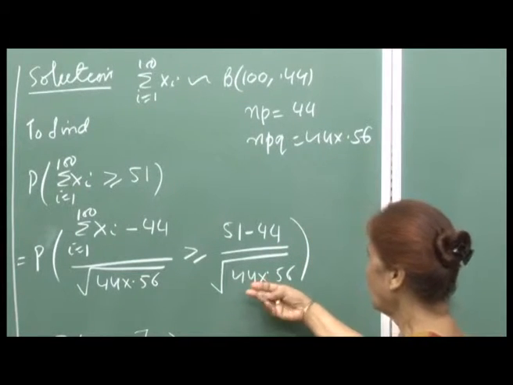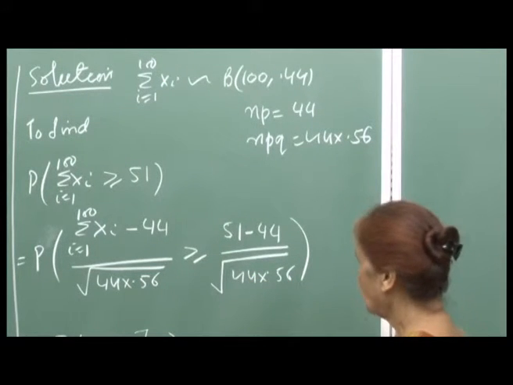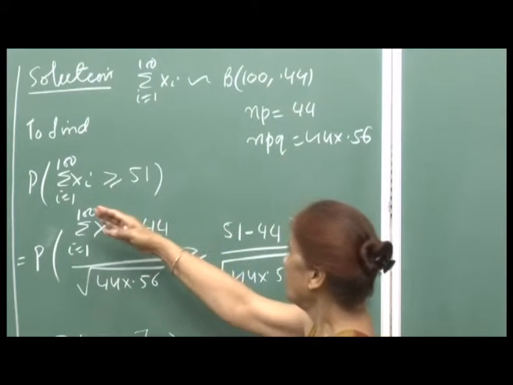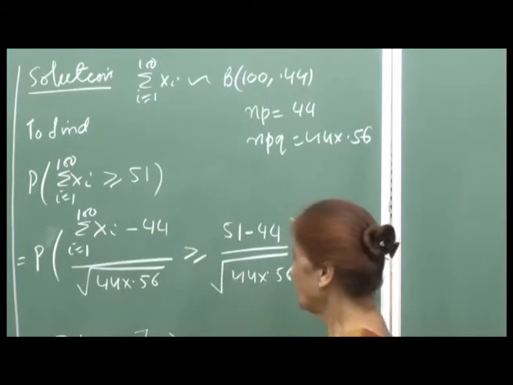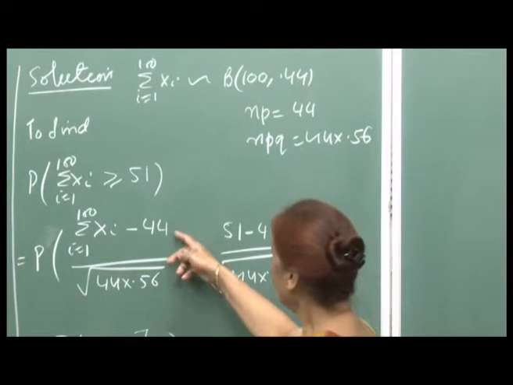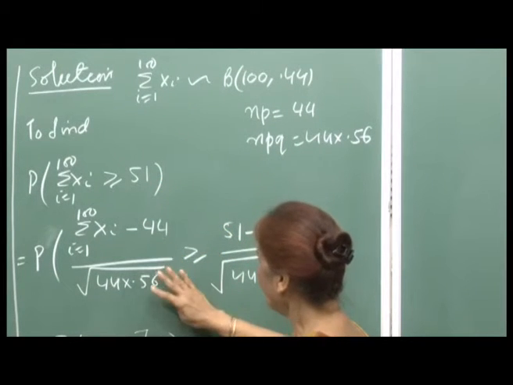Now, as I have been telling you, whenever you want to approximate a binomial probability by standardizing the random variable and using a standard normal probability, you should also use the continuity correction factor, which I have not done here.